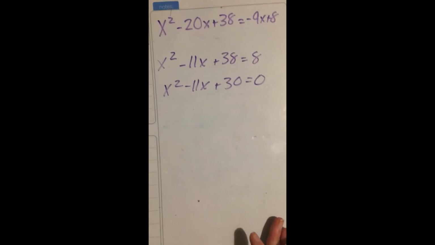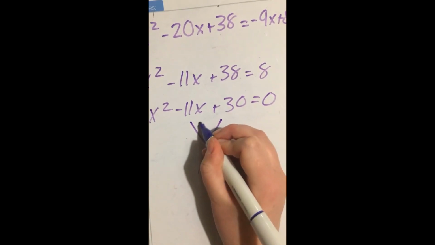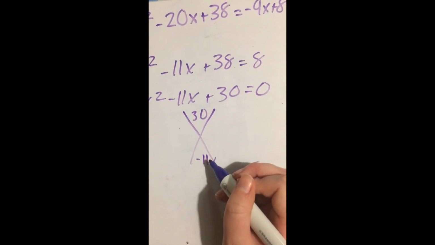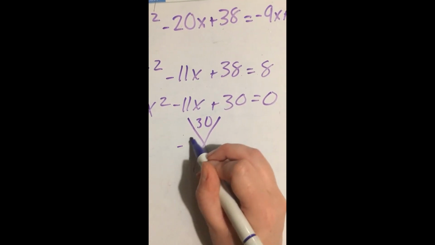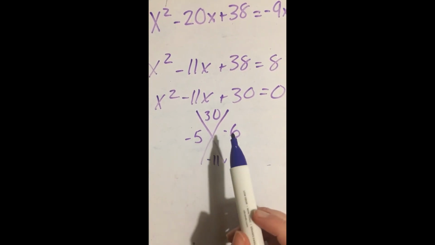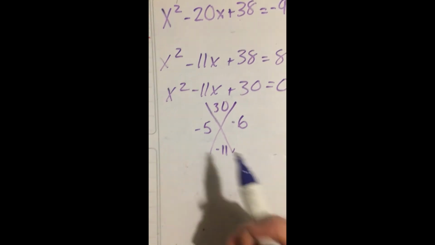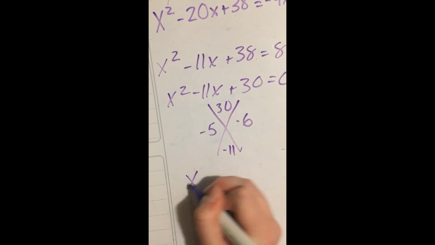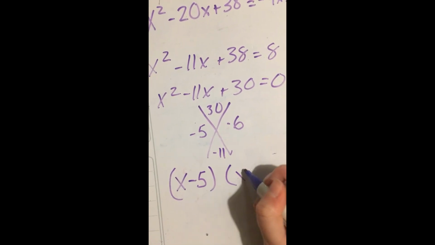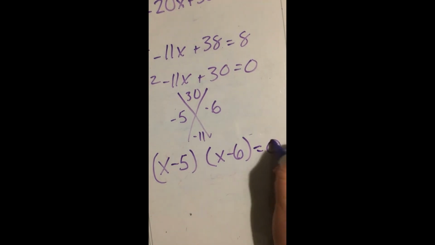So now we're going to factor. We need two numbers that multiply to 30 and add up to negative 11. Those two numbers are negative 5 and negative 6, because a negative times a negative is a positive, and negative 5 plus negative 6 equals negative 11. So if we factor, it's x minus 5 and x minus 6 equals 0.